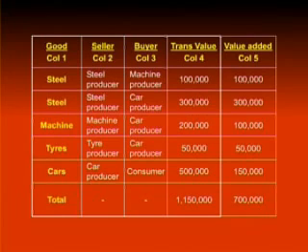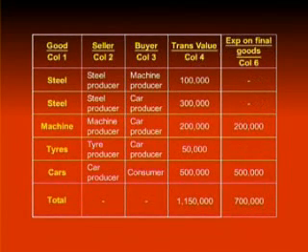Then the car producer added value to these two things, the steel that it bought and the tires that it bought, and then took the value to 500,000. So the value added would simply be 500,000 minus 350,000, which in this case is shown as 150,000.